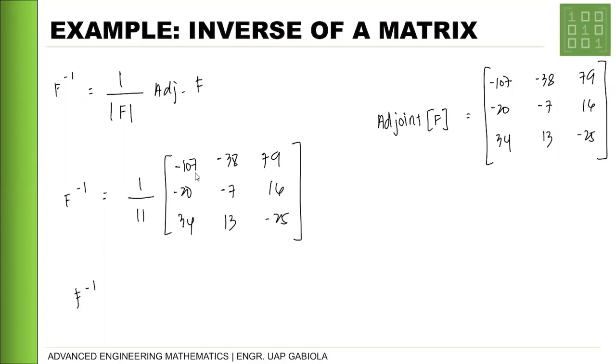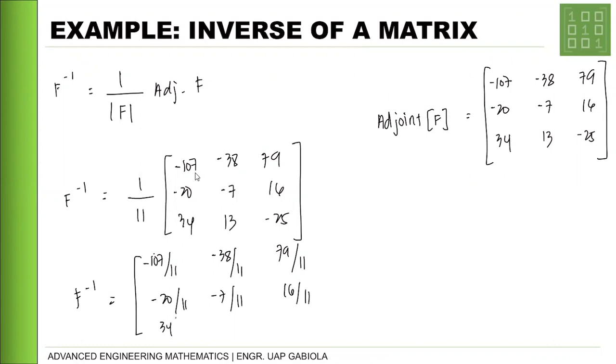Pero minsan, wala sa choices yung ganyan, no? So, multiply mo lang each yung value over 11, negative 38 over 11, 79 over 11, 20 over 11, negative 7 over 11, 16 over 11, 34 over 11, 13 over 11, and negative 25 over 11.